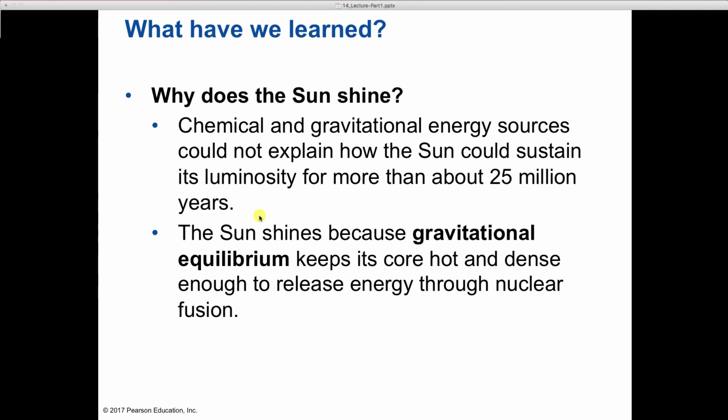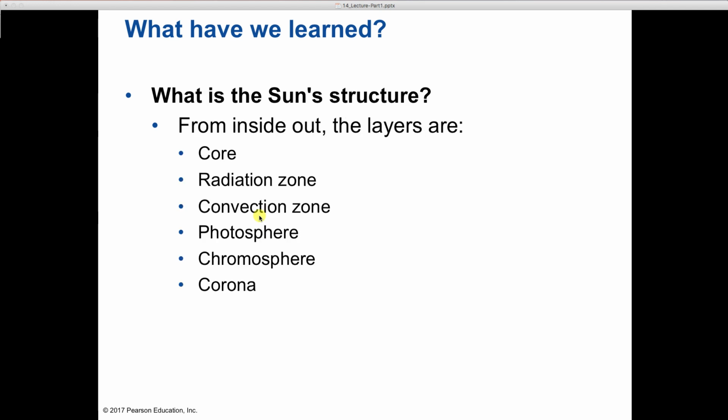Ultimately though, gravitational contraction did play a role because it's what helped form the sun, and that's what made the core hot enough to start nuclear fusion reactions. These nuclear fusion reactions are what really is powering the sun right now, and producing the energy that it is emitting every second.